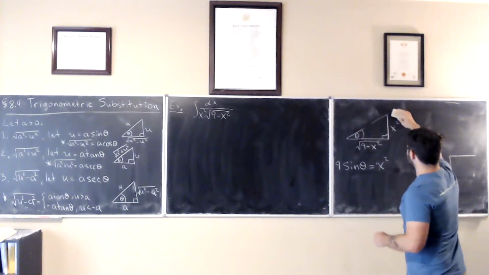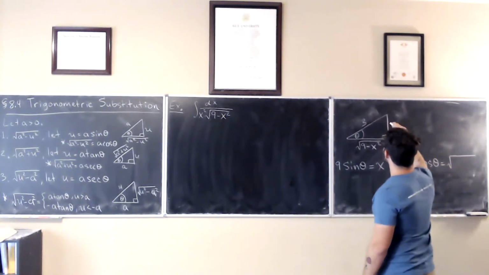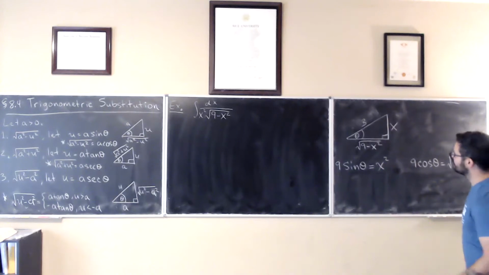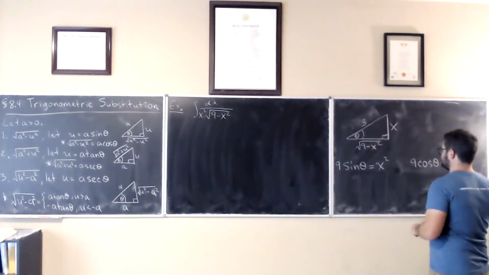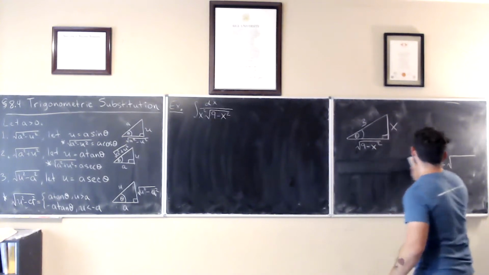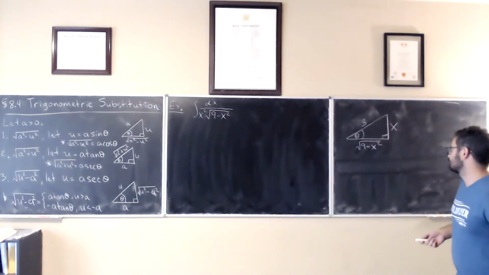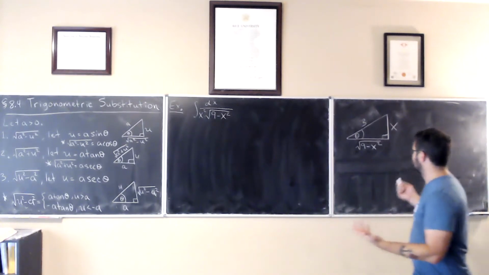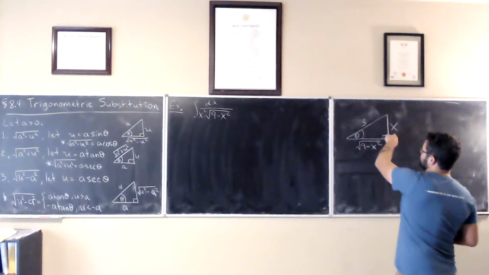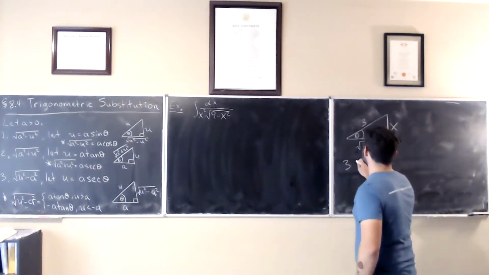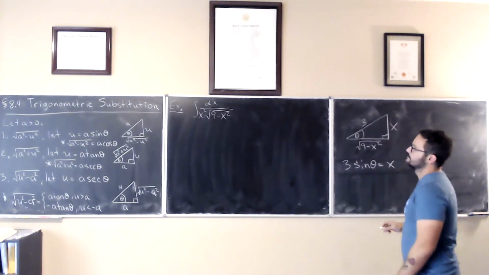That should just be 3 and x. And then we have this squared plus that squared is equal to that squared. All right, so silly mistake. Now let's look at what's going on here. Sine theta is equal to x over 3, so I know that 3 sine theta is equal to x.